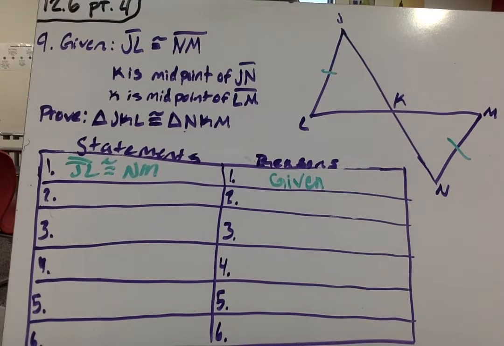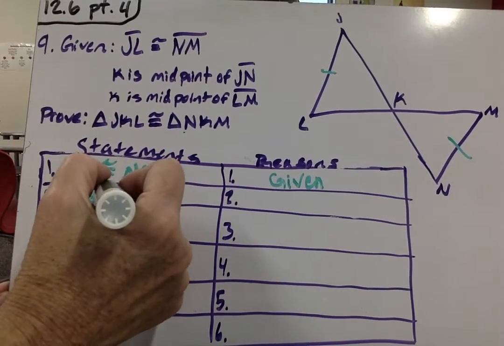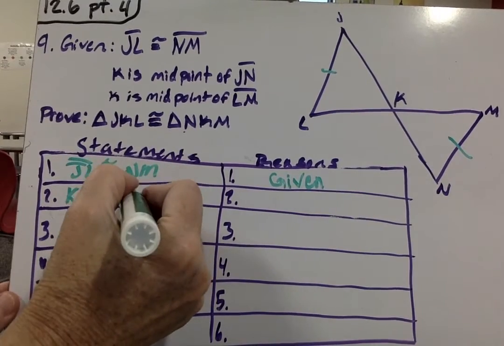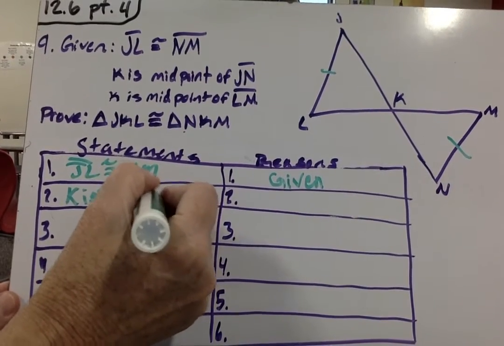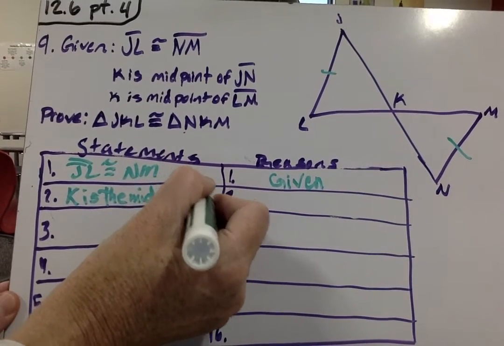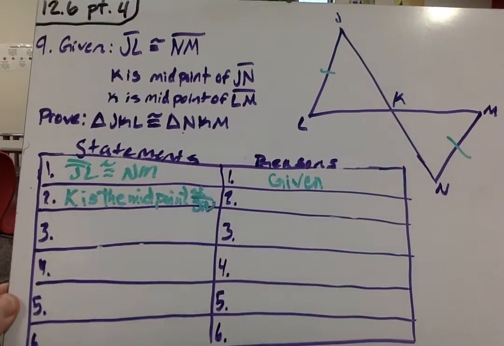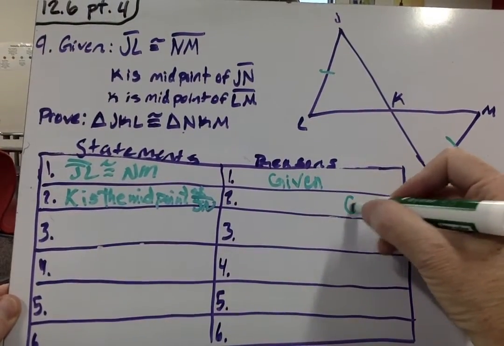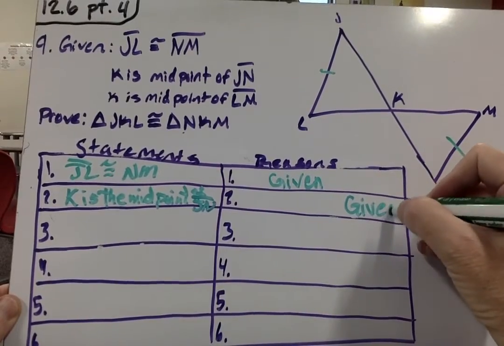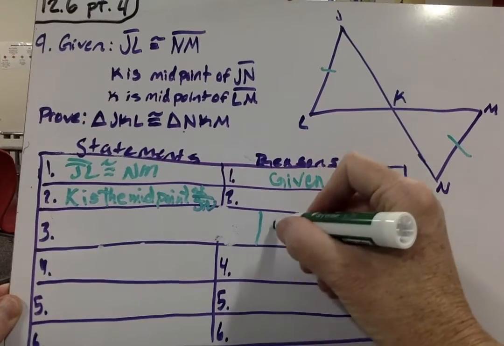Okay, the next one, K is the midpoint of JN. And I'm going to write that down here. That's given. And I'm going to move this over because I'm going to need more space here too for 3.